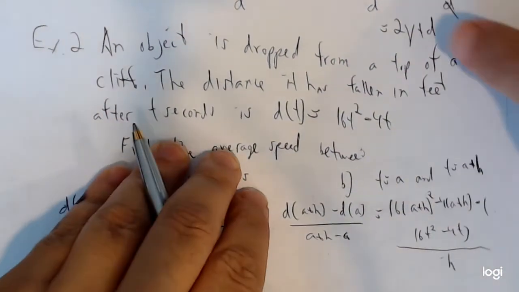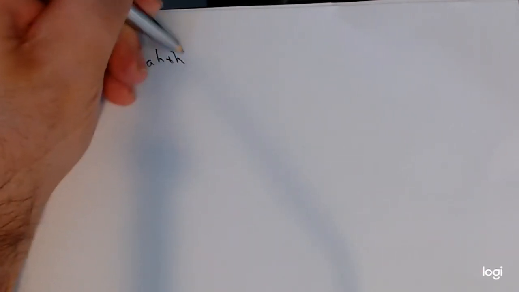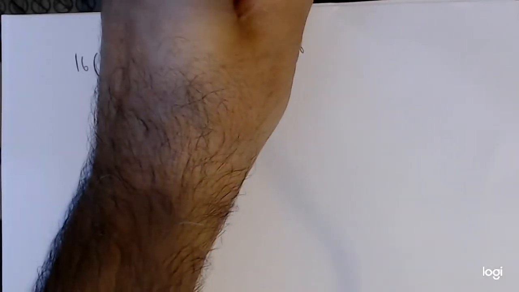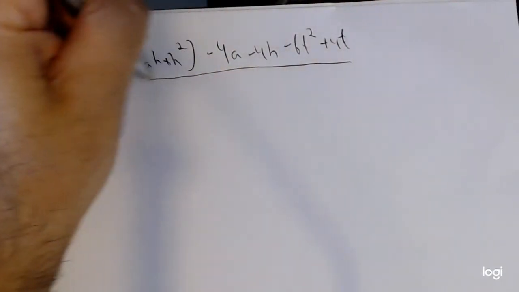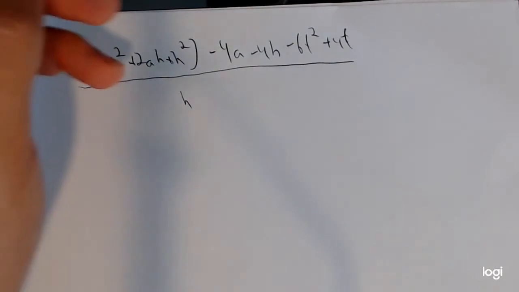So I'm going to go to a new page just so I have space to work on this. So then if I square the 16 times a plus h squared, what do I get? I get 16 times, I'm only squaring the a plus h for now, so a squared plus 2ah plus h squared, and then I'm going to distribute the 4: minus 4a minus 4h, minus 16t squared plus 4t, all over h.